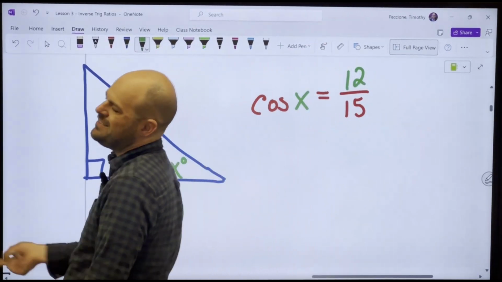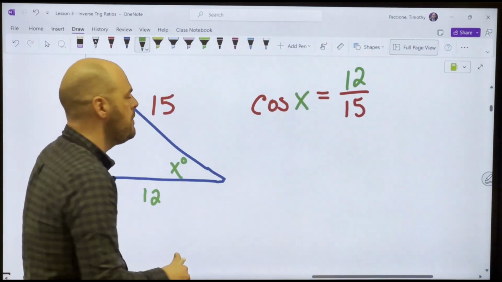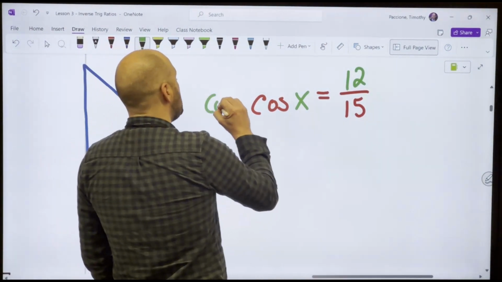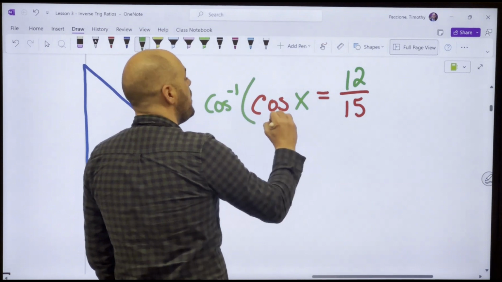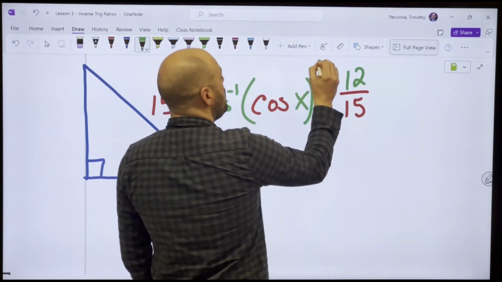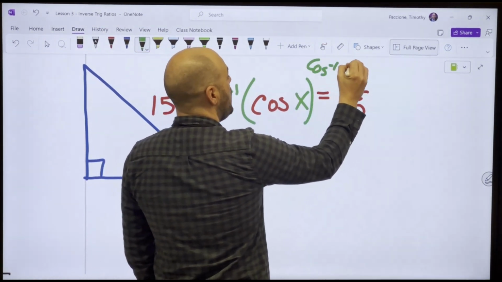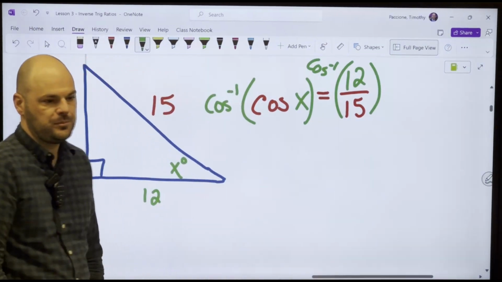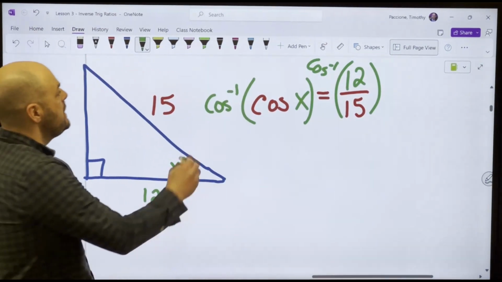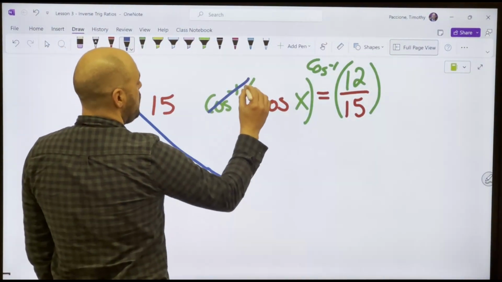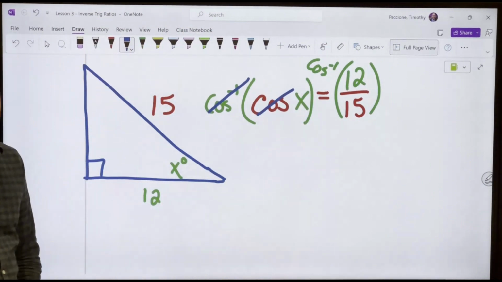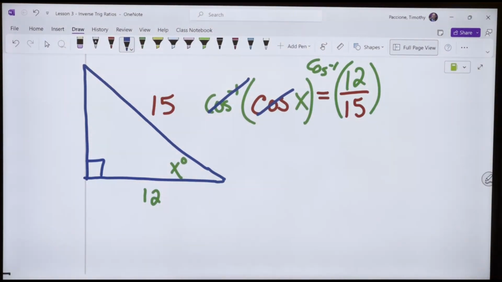And it looks like this, and then I'll back up and I'll explain, okay? You would say cosine to the negative 1 of this and cosine to the negative 1 of that. This cosine to the negative 1 and this cosine cancel.